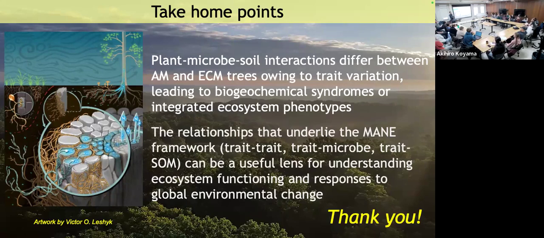Does this framework hang up? Do these principles hold? If you assume you have variation in your community, fast decaying litters and slow decaying litters, or acquisitive plants and some conservative plants, even within a grassland community, does that produce the same types of dynamics?